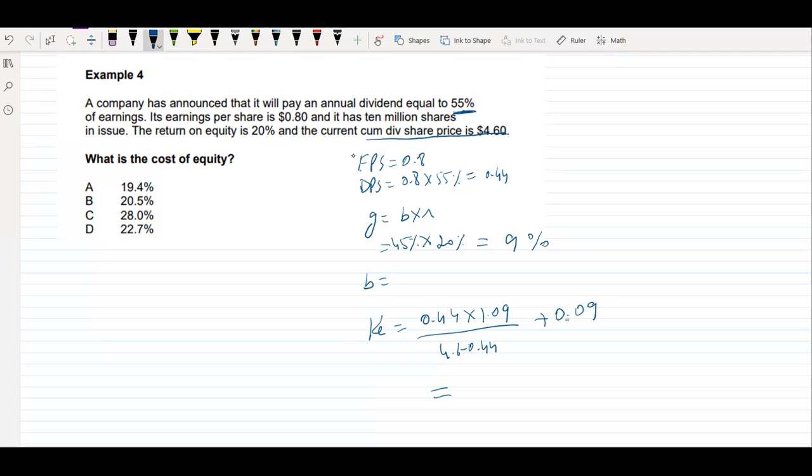20.52, option B. 20.52, okay. B is the answer. Any question, guys?